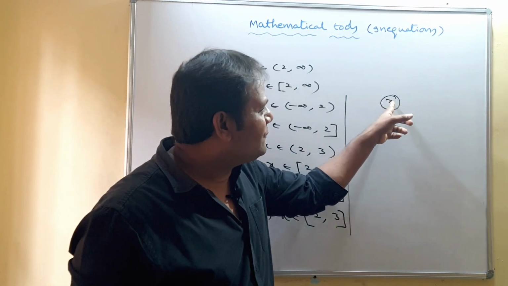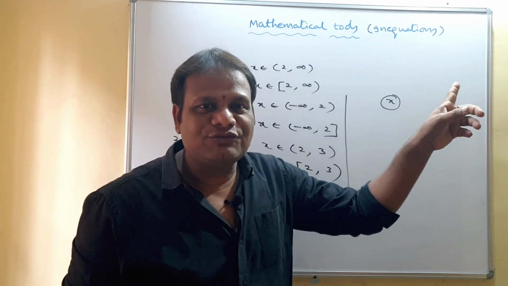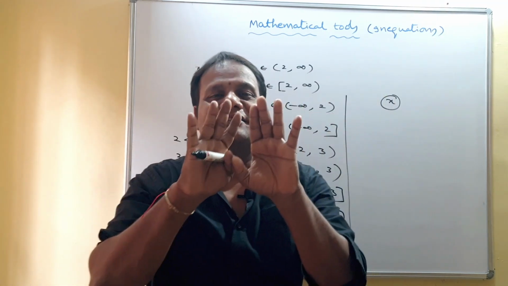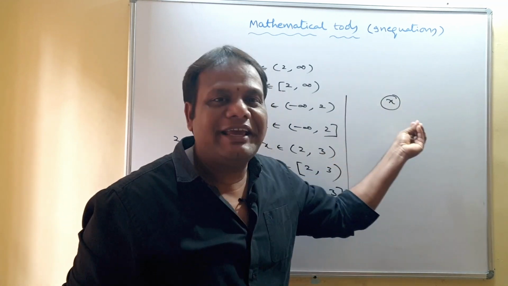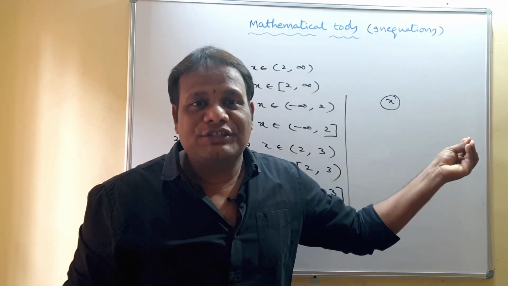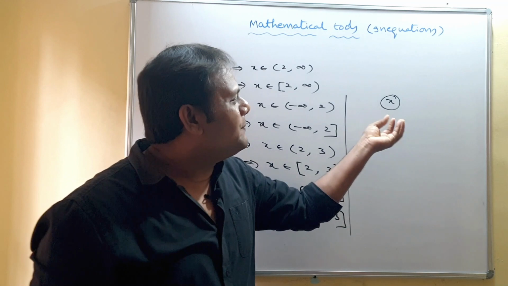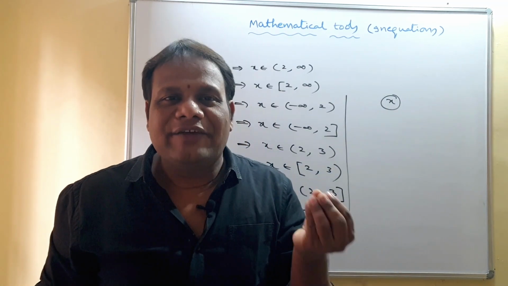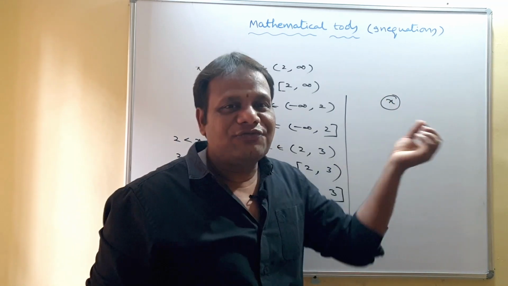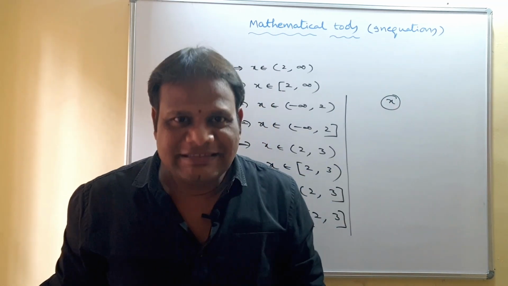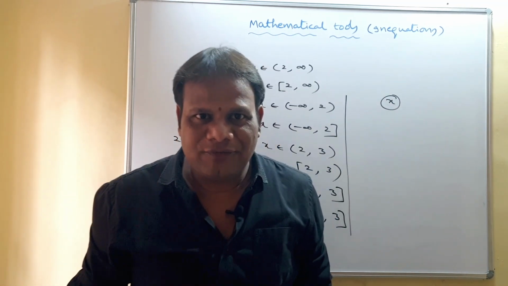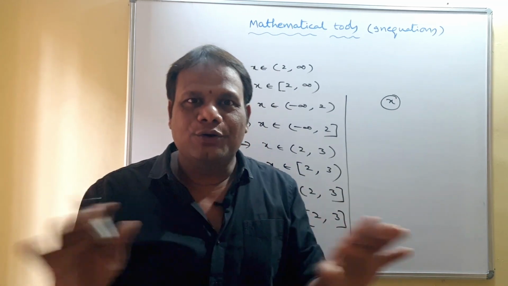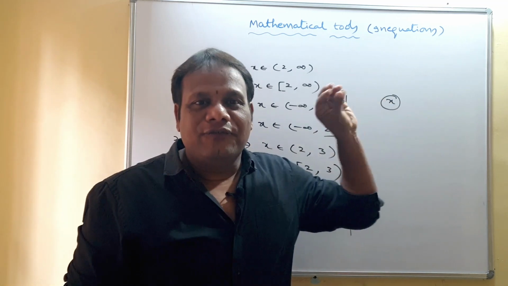Because by default, before x we take a positive sign, so they treat this as a positive number. That is wrong. We can't say whether it is positive or negative. Why? Because it is not a number, it is just a variable, just one alphabet. Is there any positive alphabet or negative alphabet? Then how can you say that it is positive? No, here it is a variable.